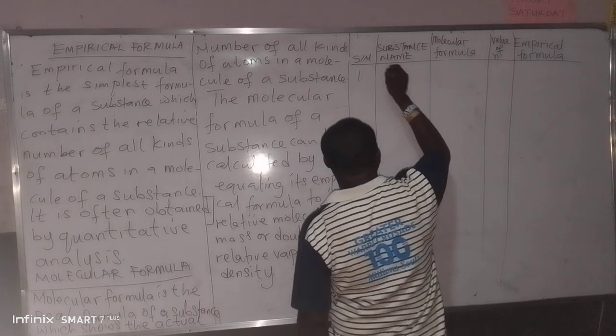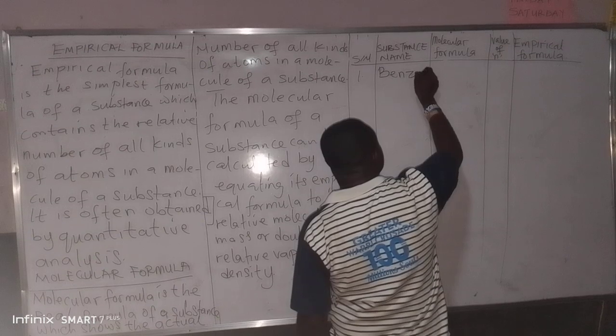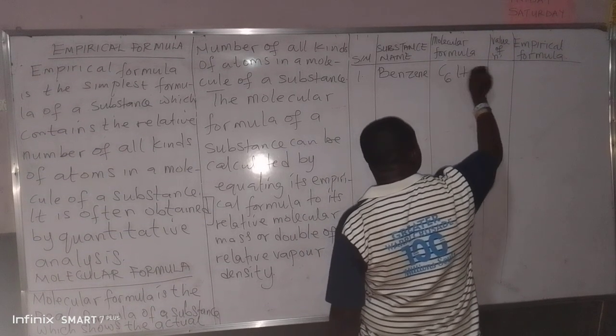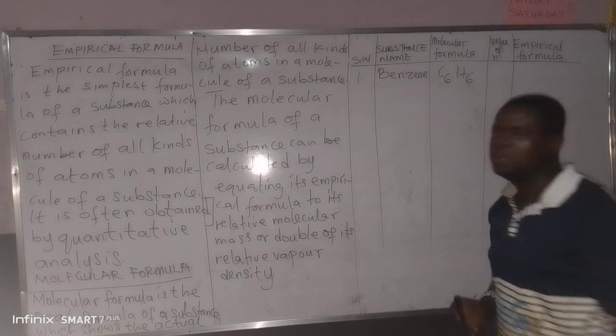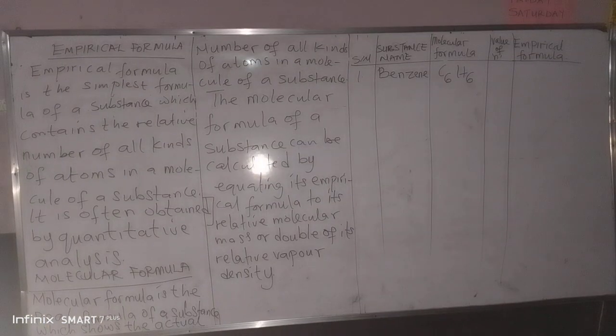Now, number 1 here, I have benzene. The molecular formula of benzene is C6H6. Then, in that formula we are given, you will see that 6 is common to both carbon and hydrogen.